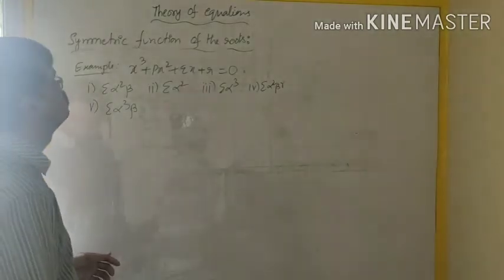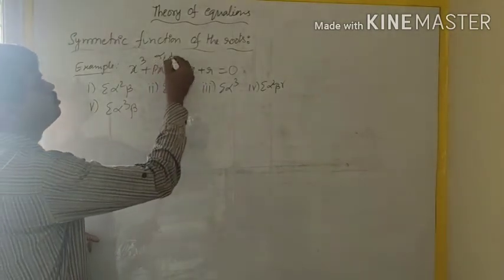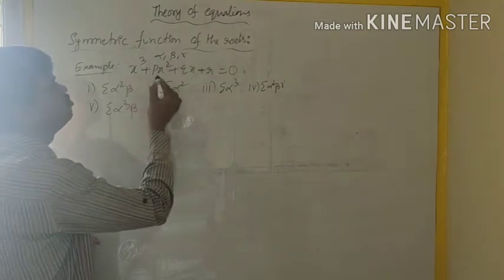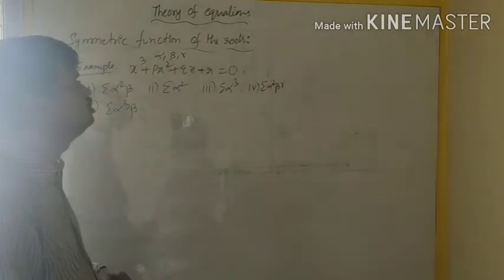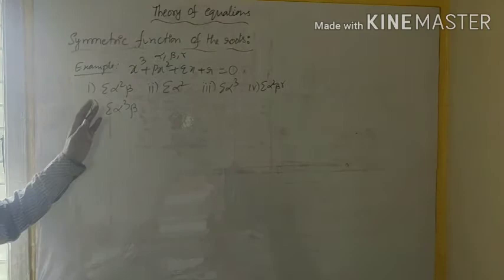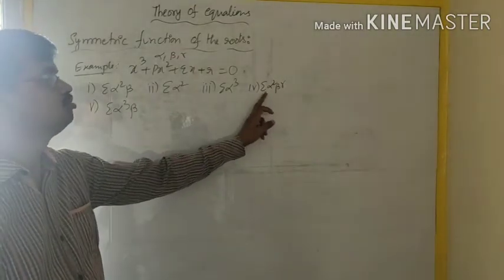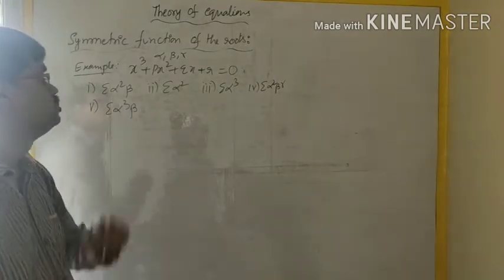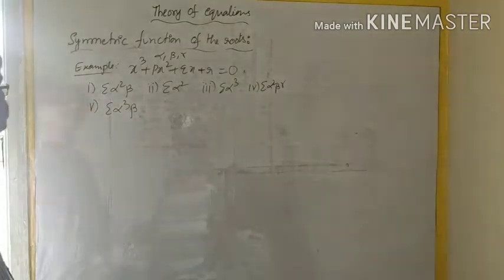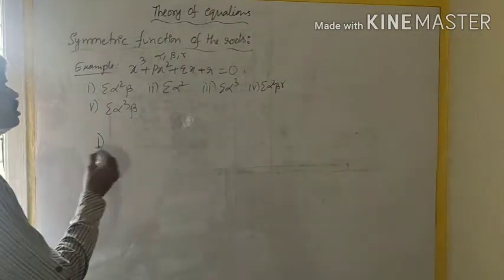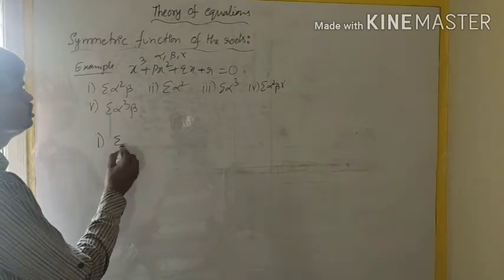Now they are given alpha, beta, gamma are the roots of the equation x cube plus bx square plus bx plus r equal to 0. Then evaluate the values of sigma alpha square beta, sigma alpha square, sigma alpha cube, sigma alpha square beta gamma, sigma alpha cube beta. How to calculate? Very easily we can calculate if you follow the following methods.